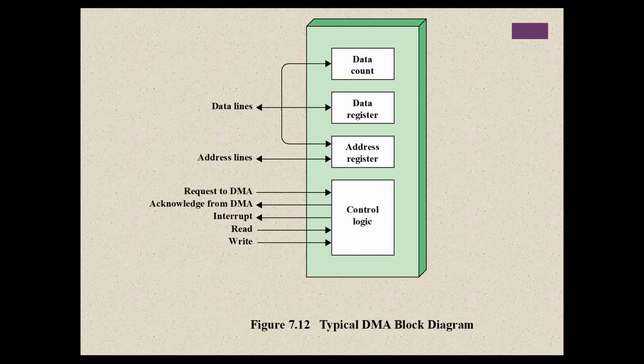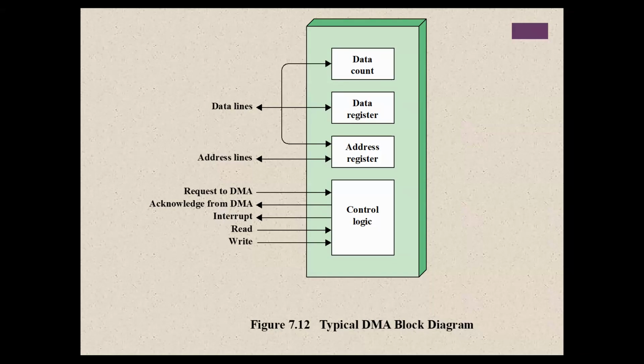Now, for this purpose, the DMA module must use the bus only when the processor does not need it, or it must force the processor to suspend operation temporarily. The latter technique, that is asking the processor to suspend its operation temporarily, is more common and is referred to as cycle stealing. Cycle stealing, because the DMA module in effect steals a bus cycle.